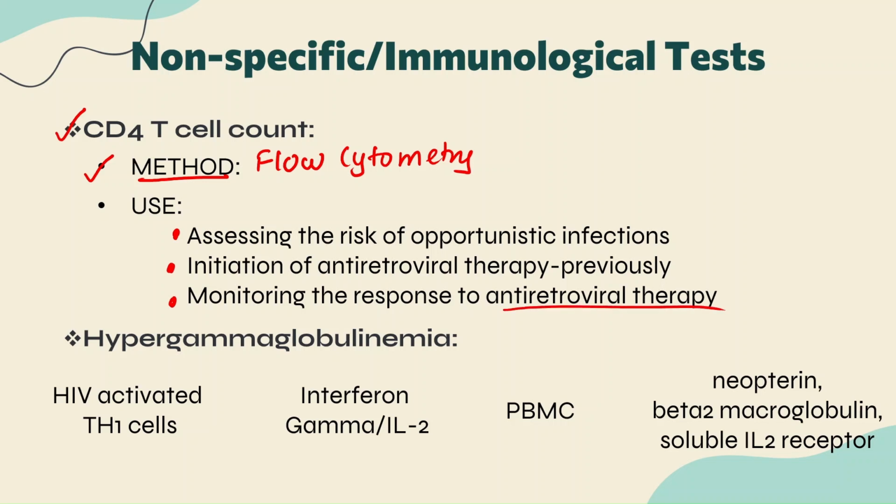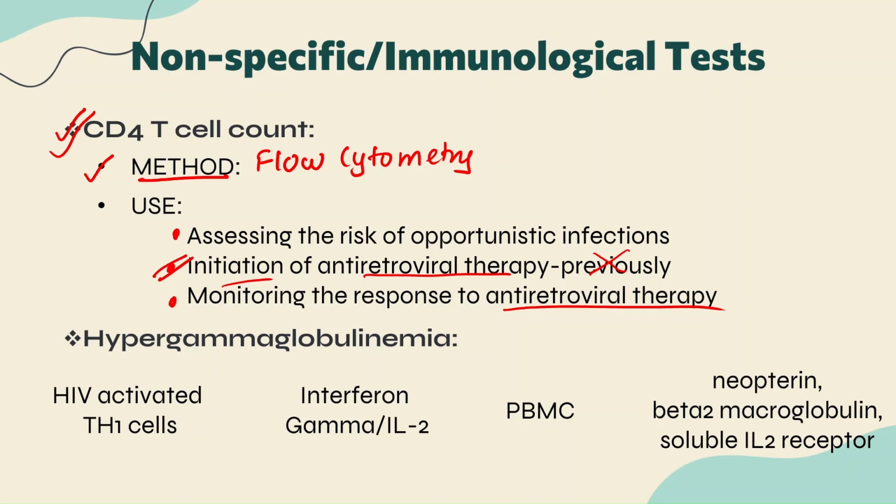Now please remember this point over here that I'm highlighting, that is initially the initiation of antiretroviral therapy was based on the estimation of the CD4 T cell count. But this was the older idea. But right now, according to the newer guidelines, guys, it is that irrespective of the CD4 T cell count or the age or the gender or the stage of the disease, we have to start the patient of HIV on the antiretroviral therapy.